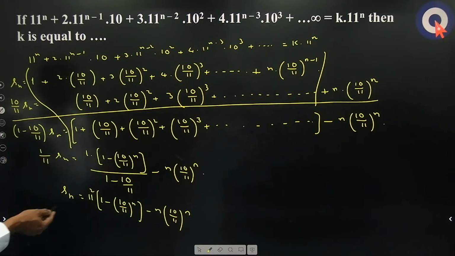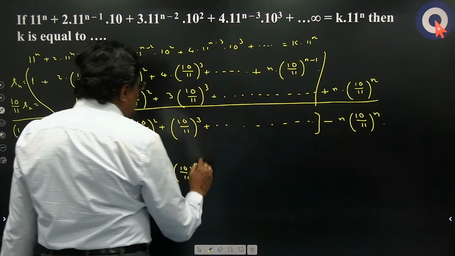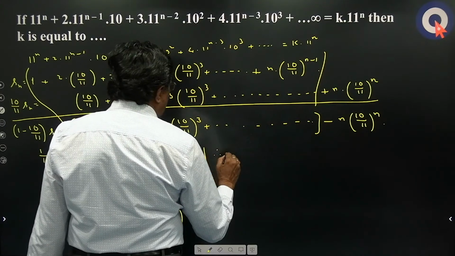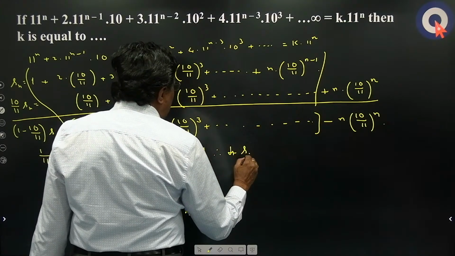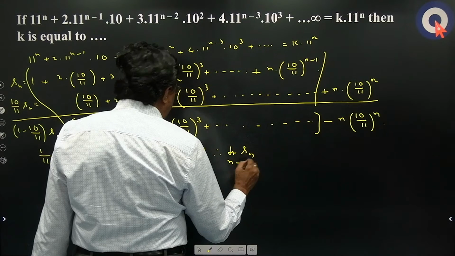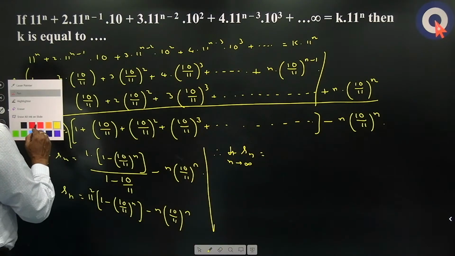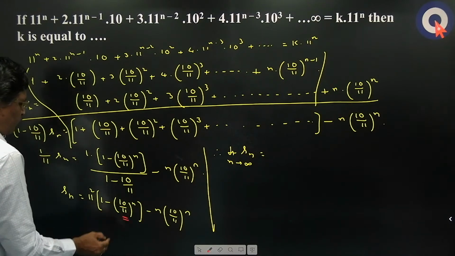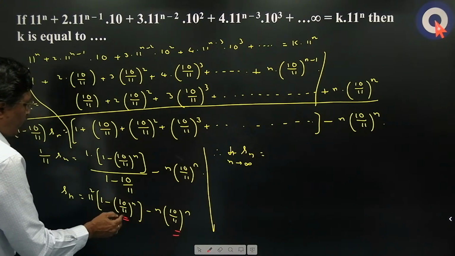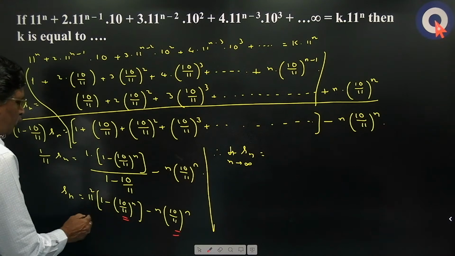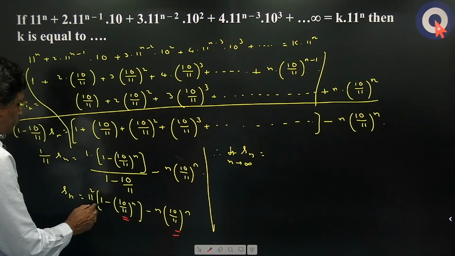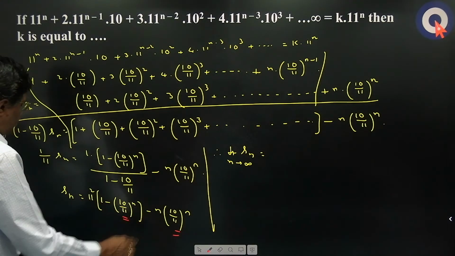We need to get the sum to an infinite number of terms. So the limit of Sn as n tends to infinity: you can see that as n tends to infinity, this becomes 0 and this becomes 0, because this is lying between 0 and 1. So you have 11 square into 1, and this is 0 anyway.